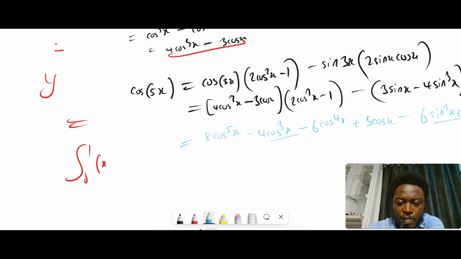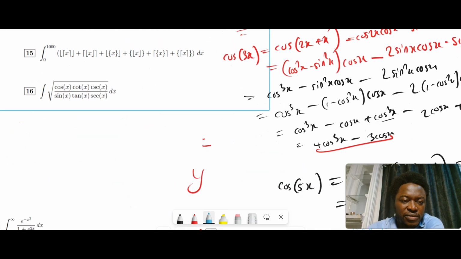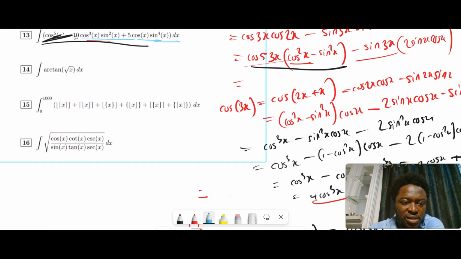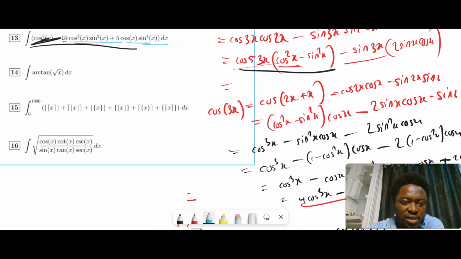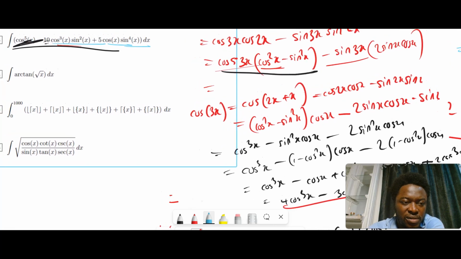Okay. If you subtract all of this value from this, if you subtract 10 cosine cube sine squared and 5, let me see.